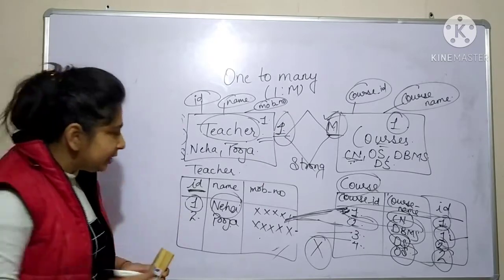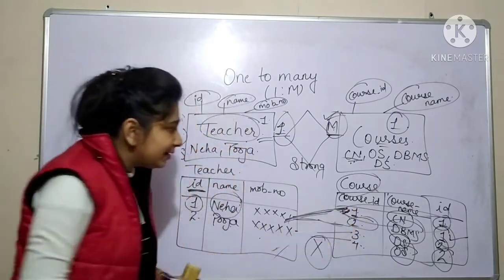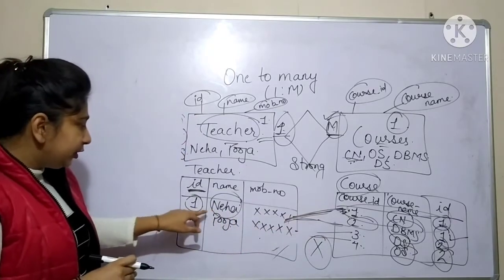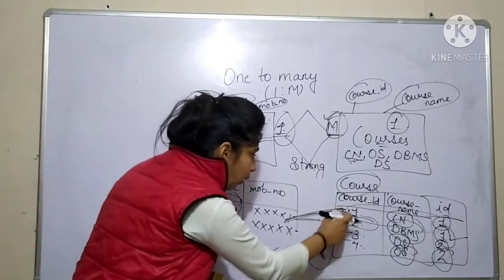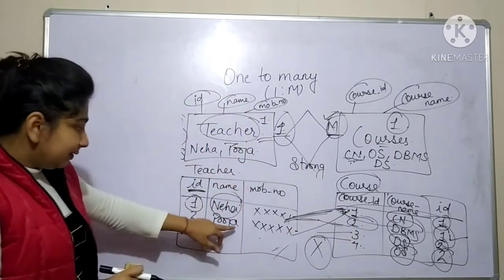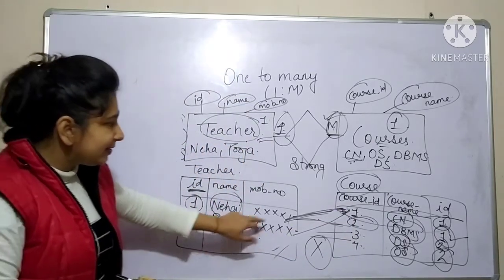You can't make a relationship like this. This first course ID is related to only this record of the teacher. If this record is also related to another record, then what does it mean?